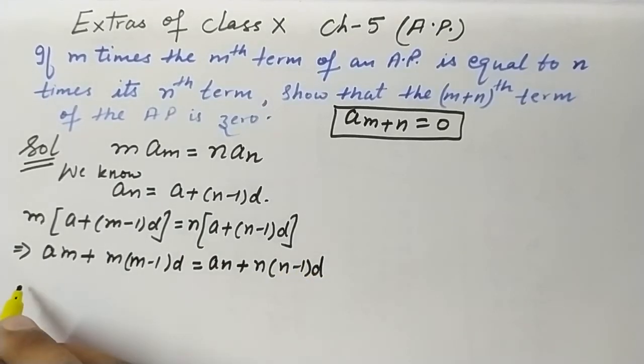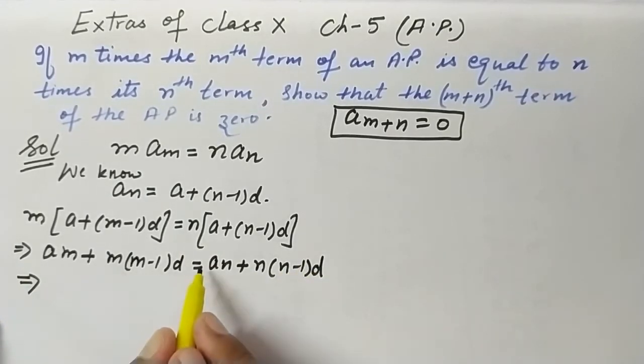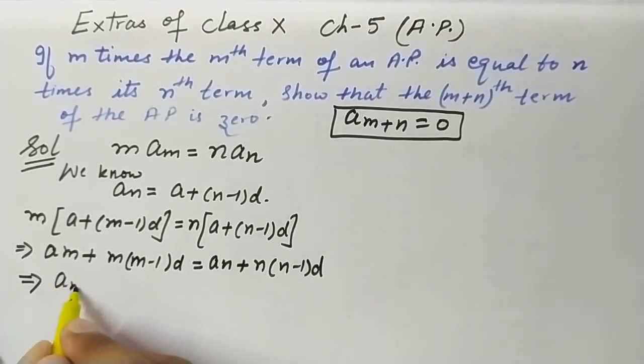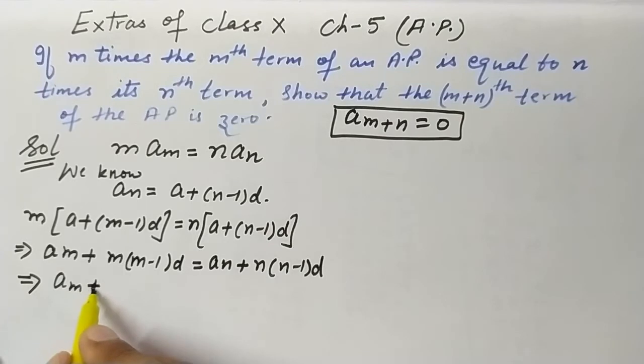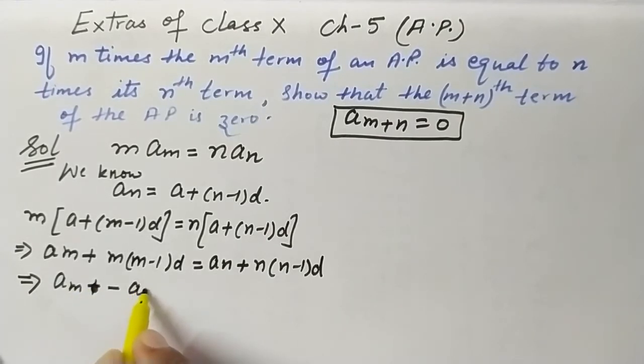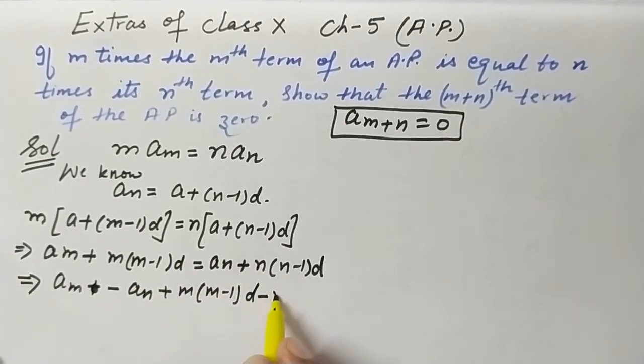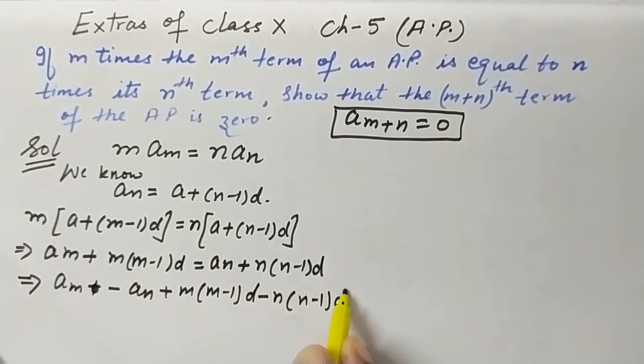So I'll bring all these terms to the left hand side. It becomes am minus an, plus m into (m minus 1) d, and then this side becomes minus n into (n minus 1) d, is equal to 0.